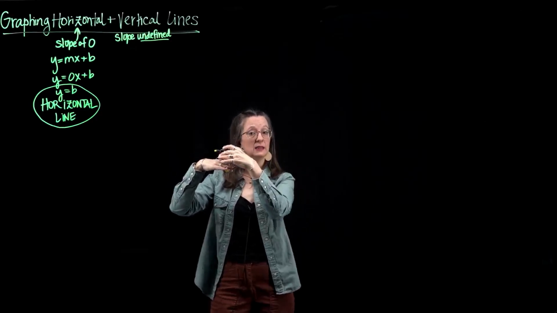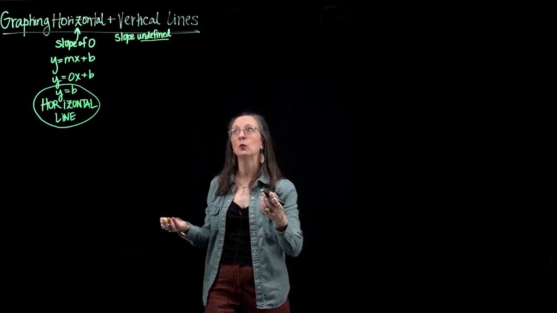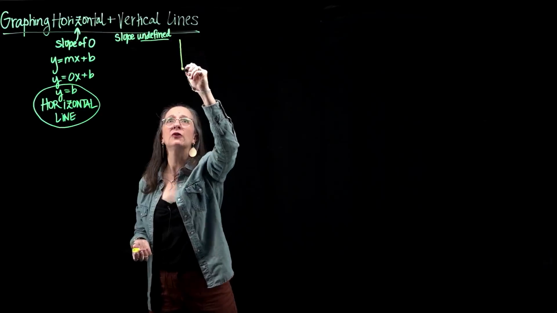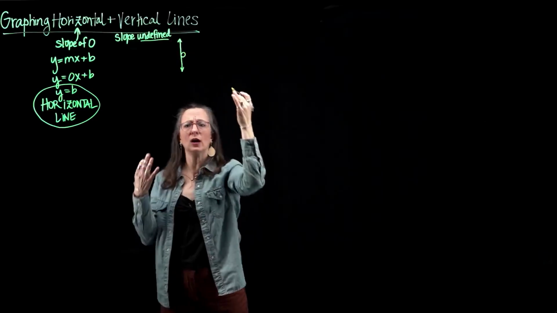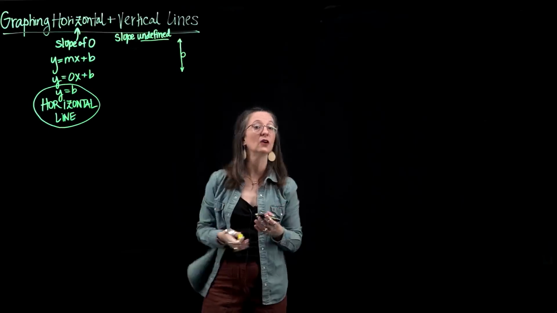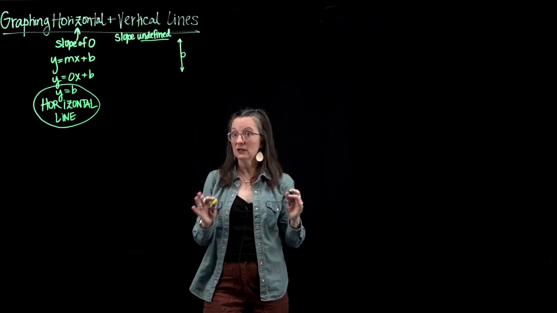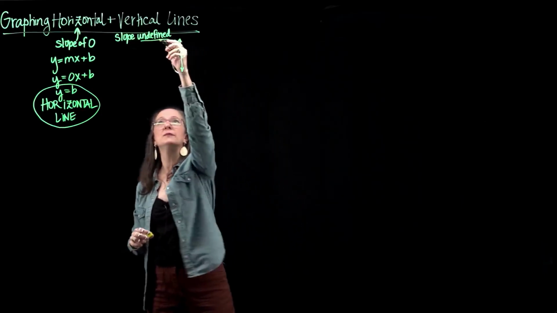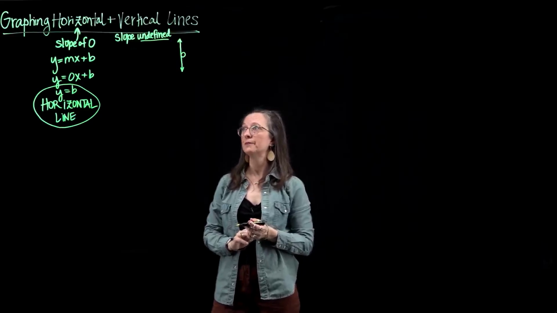It's just going to sit there. I like to think of undefined in the same way. I cannot set a ball on a vertical line. There's no setting anything on a vertical line, so the ability to set something on it is undefined. That helps me remember that vertical lines have an undefined slope.